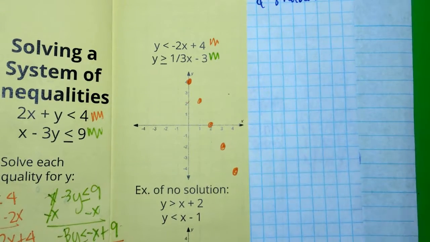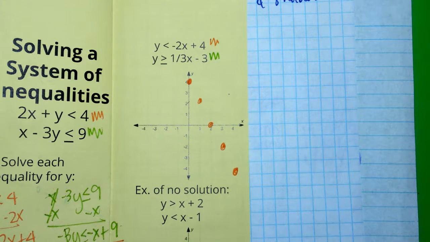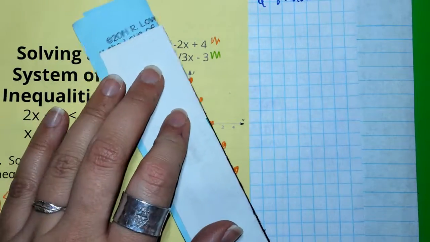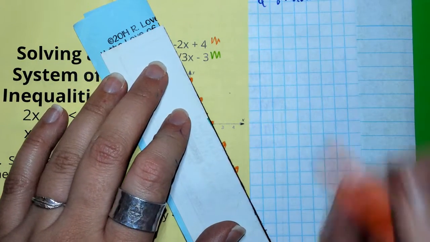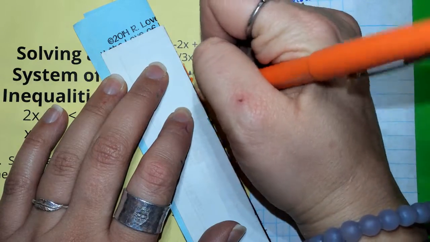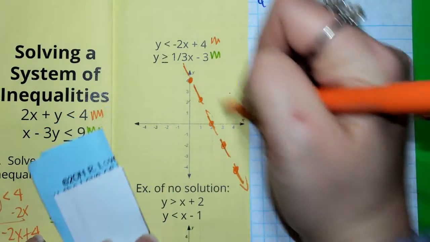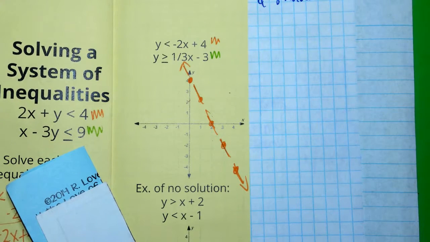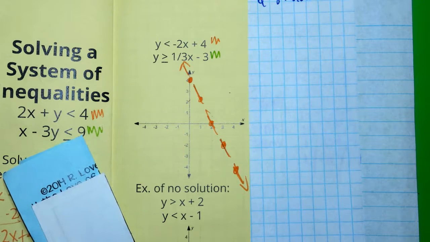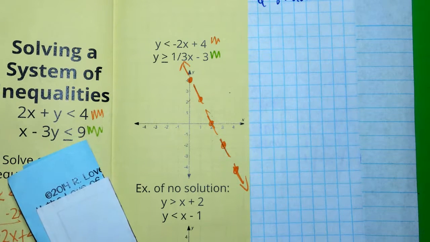Sean, can you tell me if I'm going to use a solid or a dash line? You're going to use the dash. Why? Look at your paper in front of you. Okay. You're going to use the dash line because it's greater than or equal to.